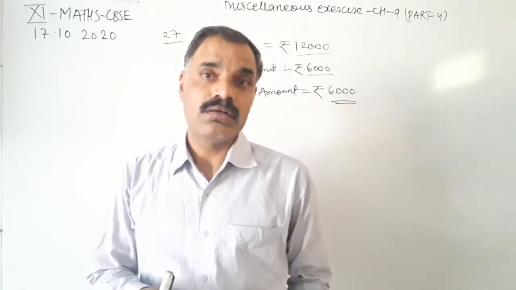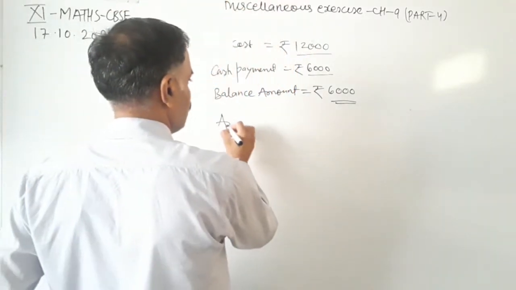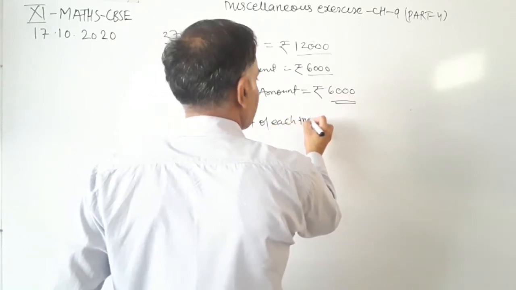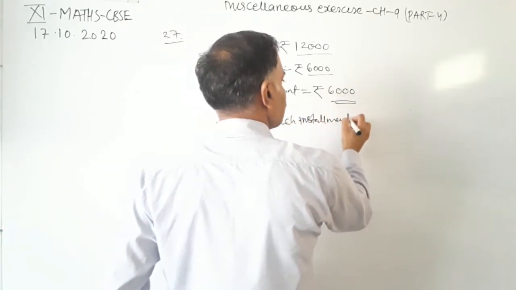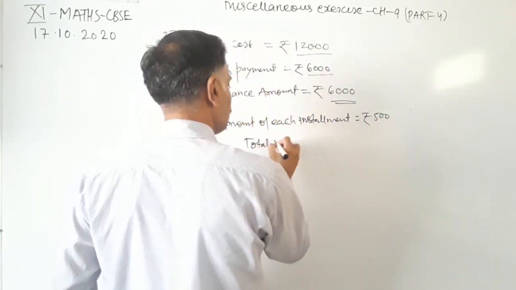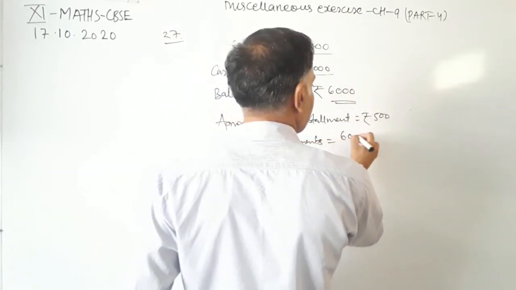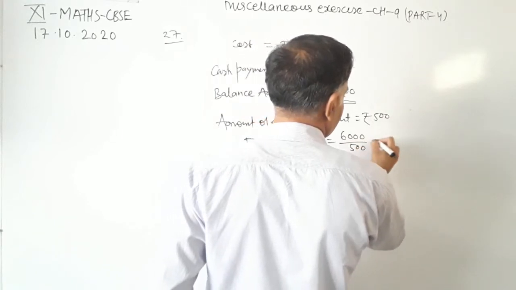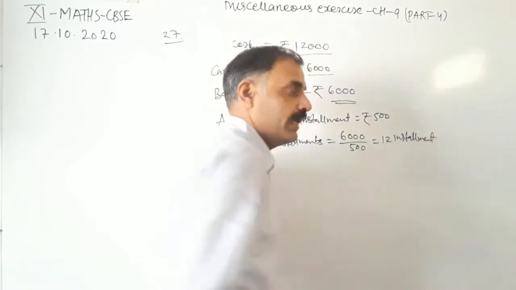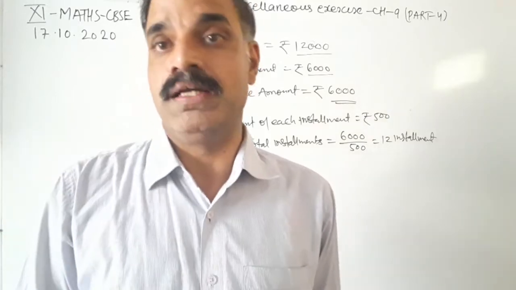Now the amount of each installment is rupees 500. Total number of installments are 6,000 divided by 500 equals 12 installments. Means he will pay the balance amount in a total of 12 installments.